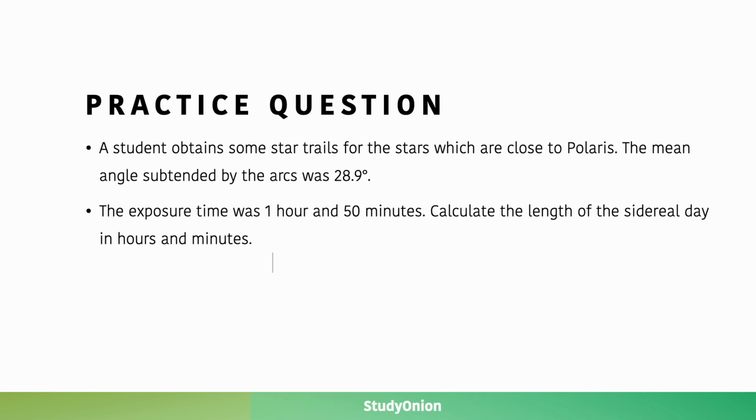What you first do is convert the time into minutes. So 1 hour and 50 minutes is converted into 110 minutes, which corresponds to 28.9 degrees.